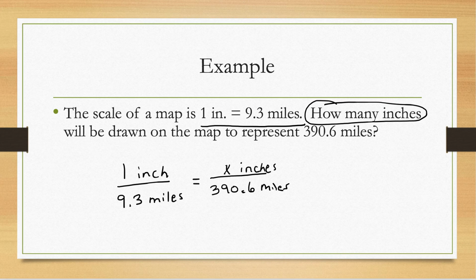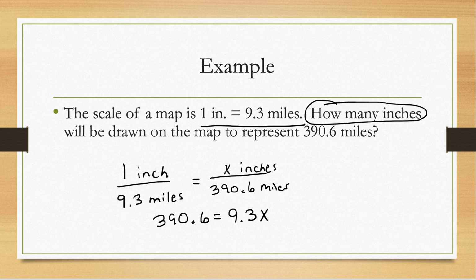Now from there, we're going to do exactly what we did in the last presentation. We're going to cross multiply. So I might begin by saying 1 inch times 390.6 miles. 1 times 390.6 is still going to be 390.6. Then I'm going to multiply on the other diagonal, the x times the 9.3, and that's going to give me 9.3x. Just like we did in the last section, we cross multiply and then solve for x.